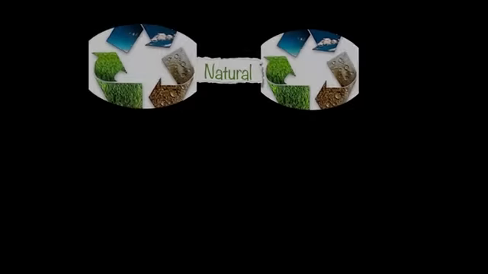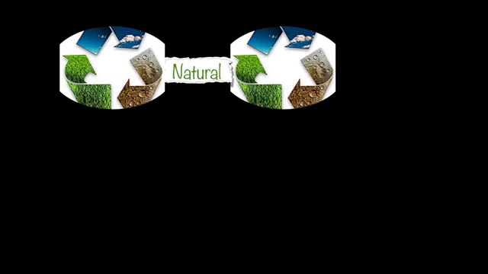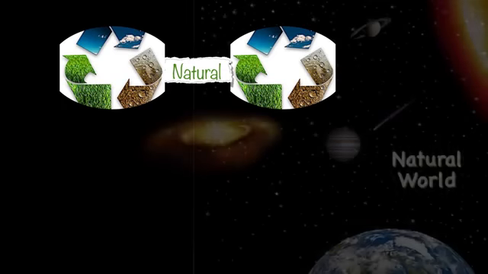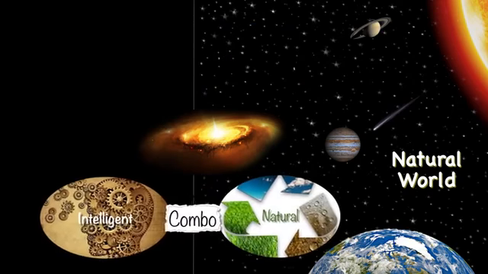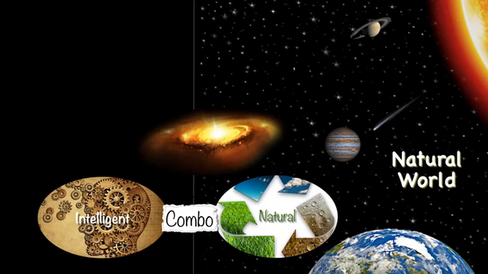When a person is looking at, let's say, the origin of the universe with just natural glasses, they see only the universe and the natural world and conclude that there is no supernatural being such as God, and that the cause of the universe must somehow be natural. But the person who wears combo glasses and examines the evidence from all angles and looks for both natural and intelligent causes, well, they're going to come to another conclusion.